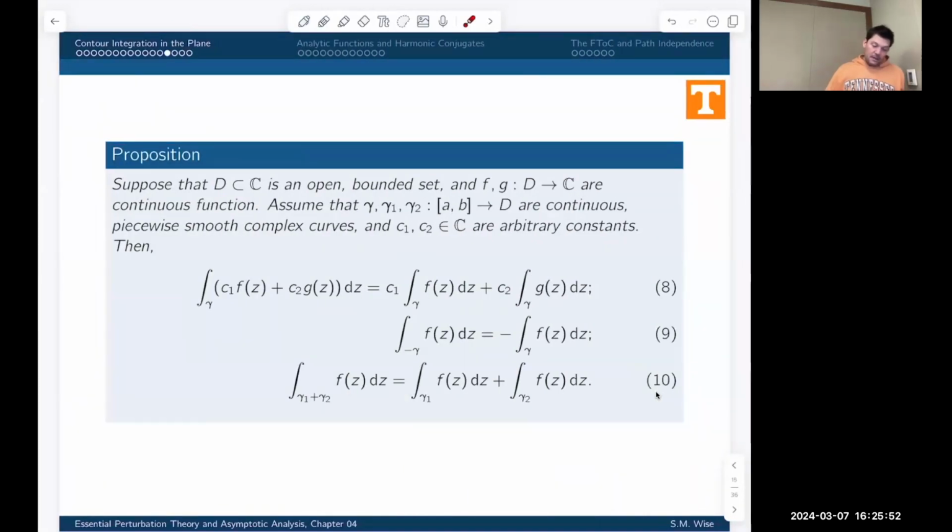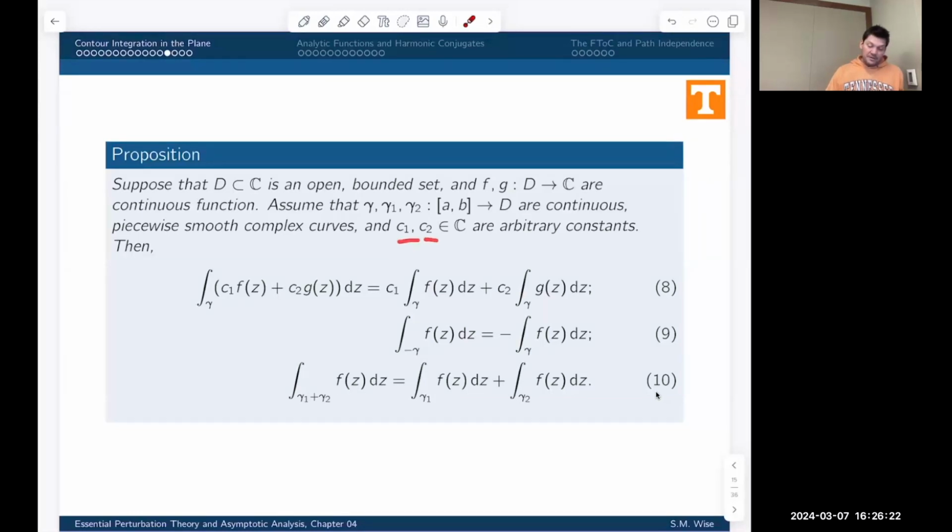Okay, so complex integration obeys, because you've seen how to translate this into real integration, certain linearity properties, and so here they are. So if I have any functions that are at least continuous, defined on an open set, and I have a bunch of contours, gamma, gamma 1, gamma 2, that are continuous, piecewise smooth curves.